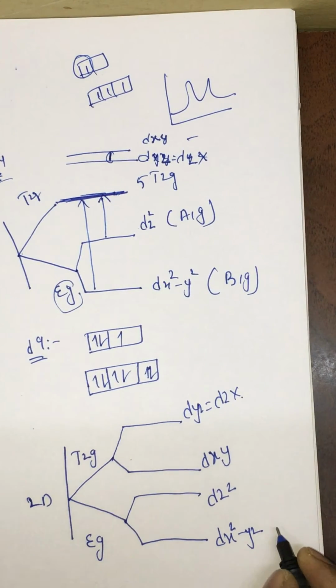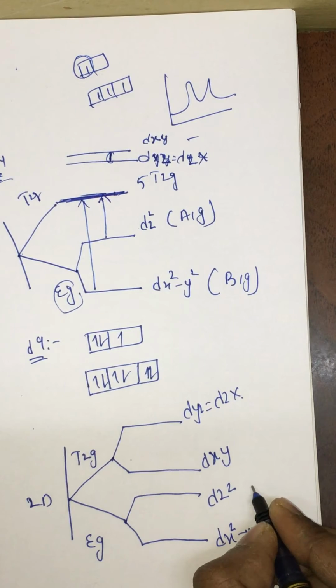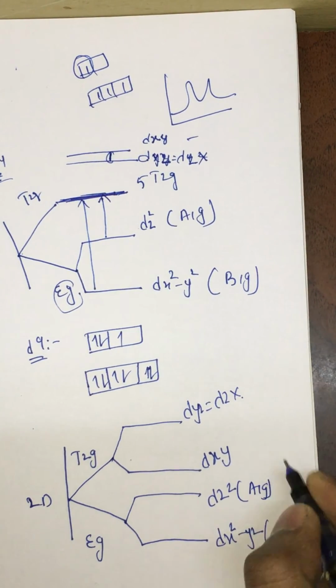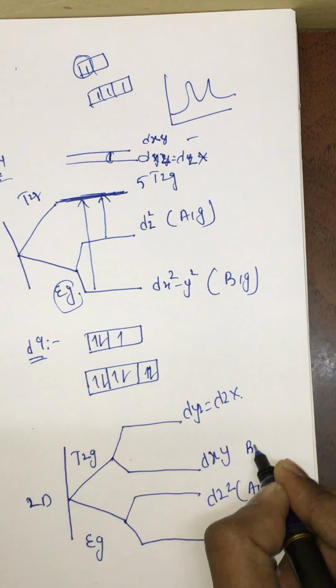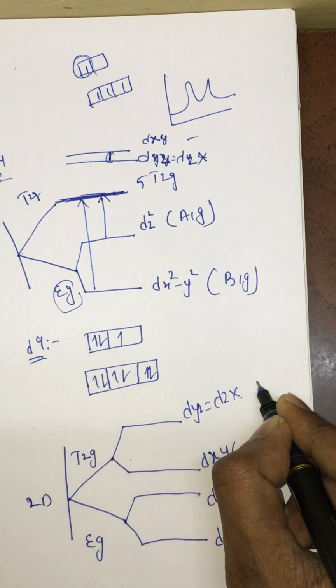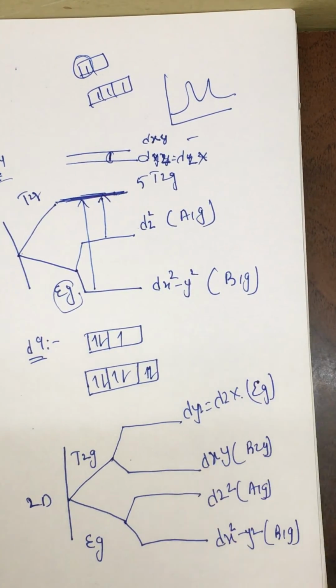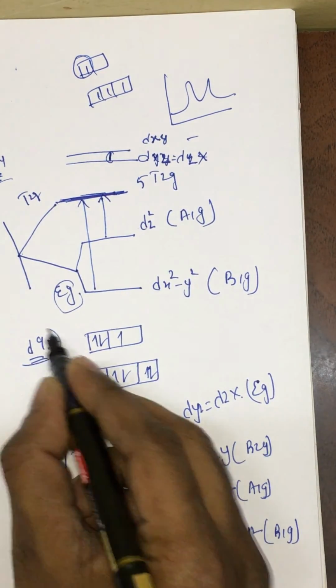And we can write the Mulliken symbols for these. The dx square minus y square Mulliken symbol will be b1g, and for dz square this is a1g, dxy this is b2g, and this is eg. In the examination, they may ask what is the ground state term symbol for the d9 configuration.